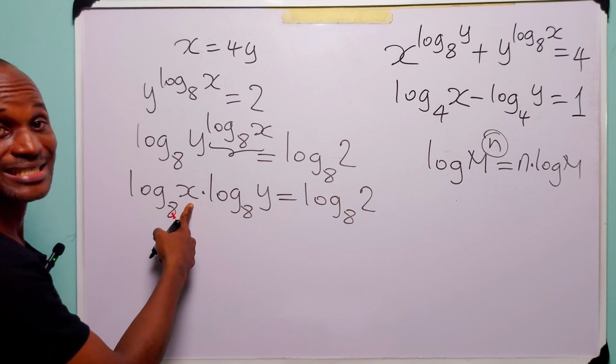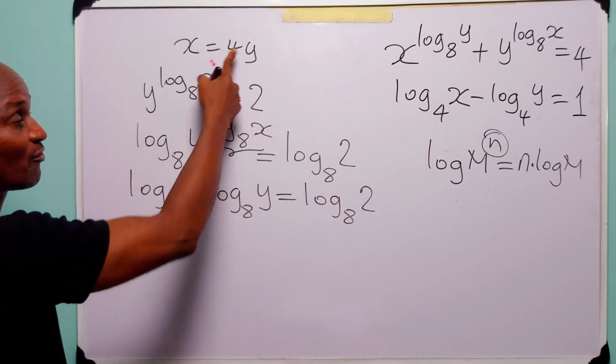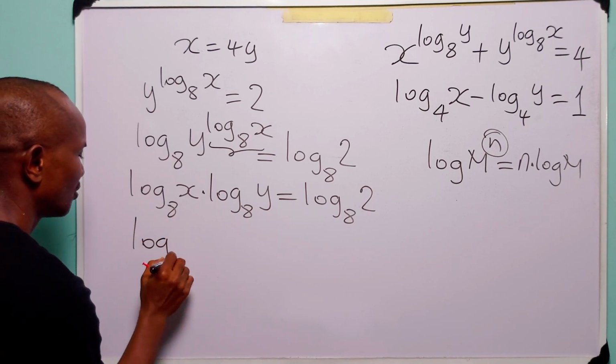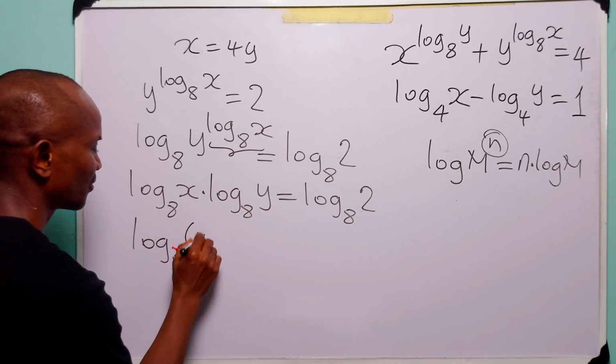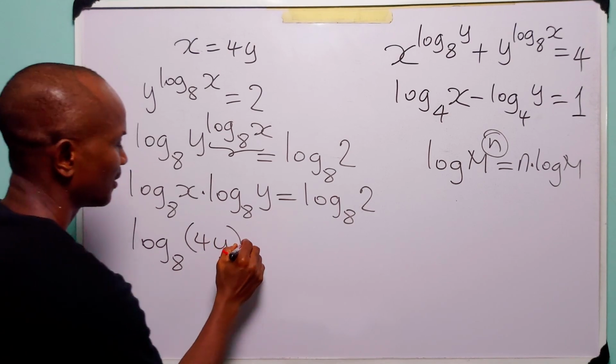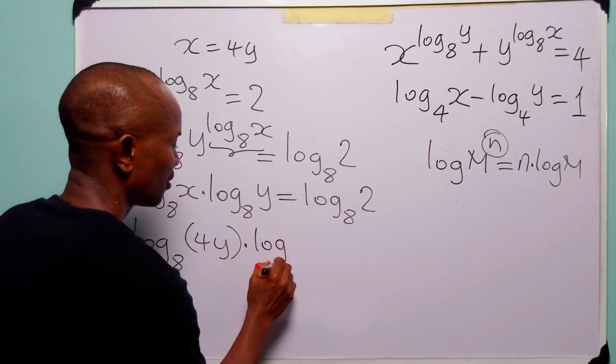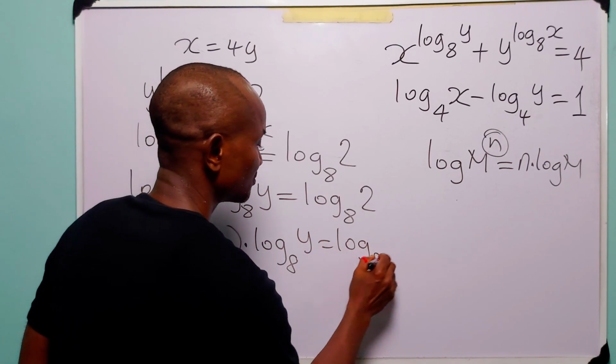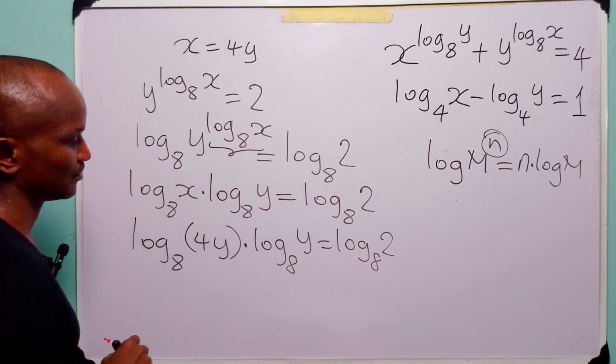But let us remember that x is equal to 4 times y. So here we have that log to base 8 of 4y multiplied by log to base 8 of y is equal to log to base 8 of 2.